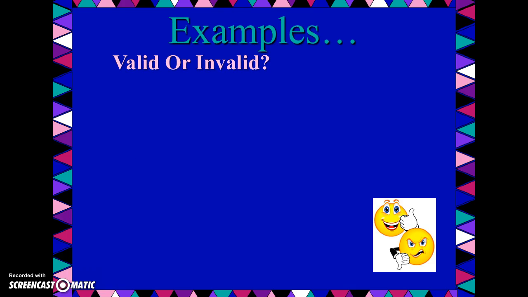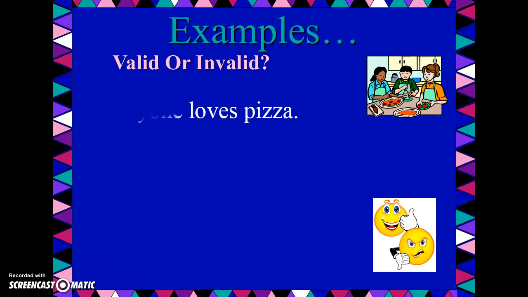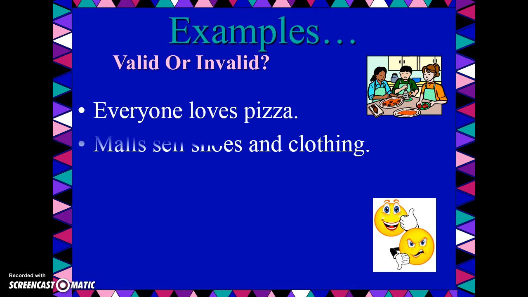I'm going to ask that you use your sidebars to answer some of these questions. I want you to tell me whether you think these are valid or invalid. So the first one, here we go. Everyone loves pizza. What do you say? Is this valid or invalid? Okay, let's look at our second one. Malls sell shoes and clothing. Is that valid or invalid?